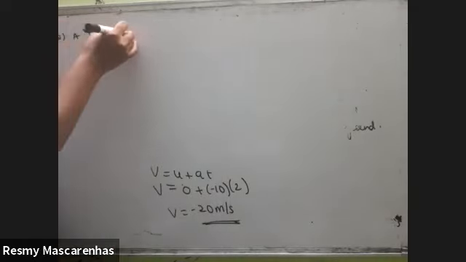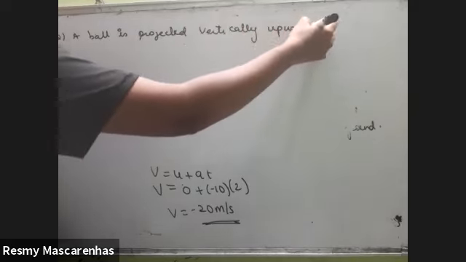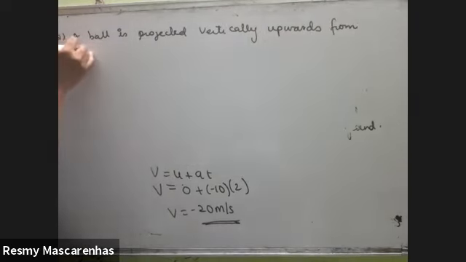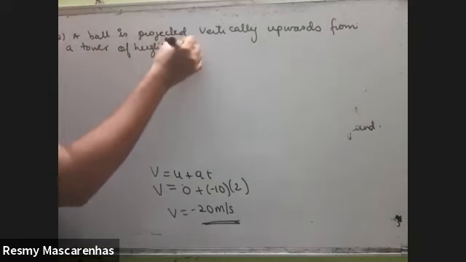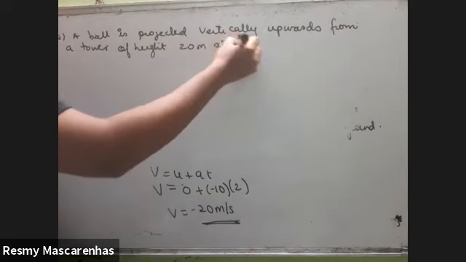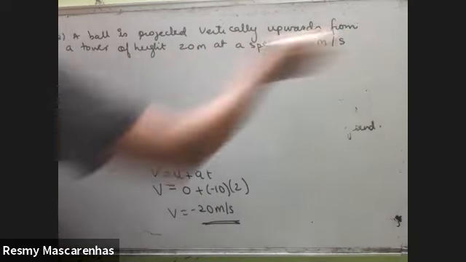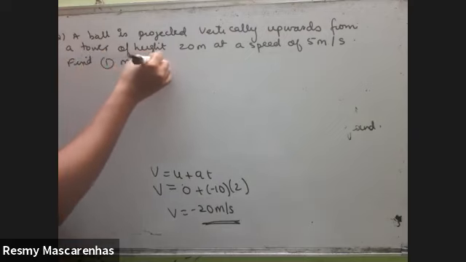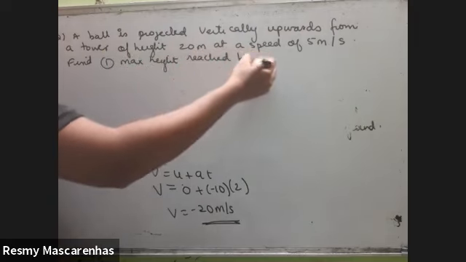A ball is projected vertically upwards from a tower of height 20 meters at a speed of 5 meters per second. Find, first, the maximum height reached by the ball.